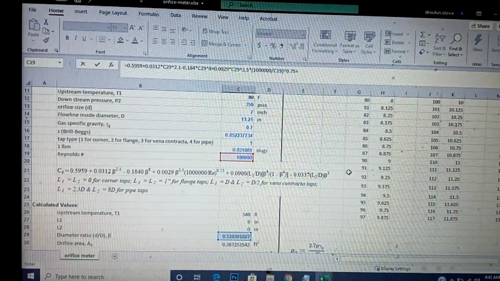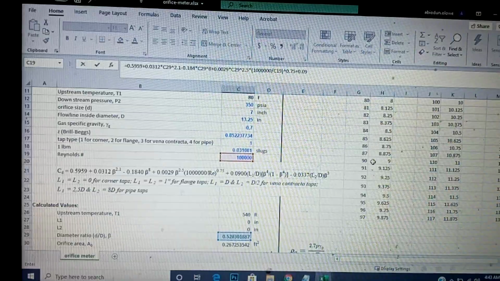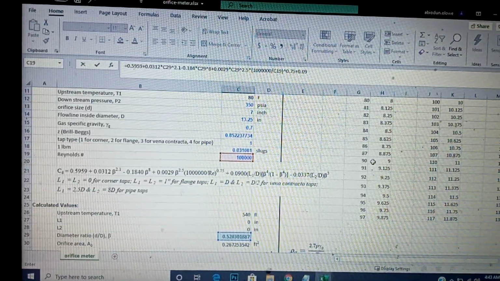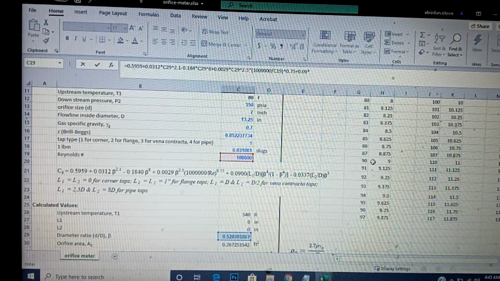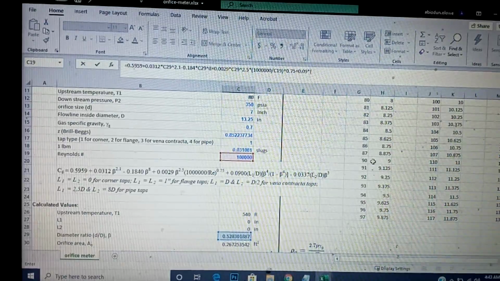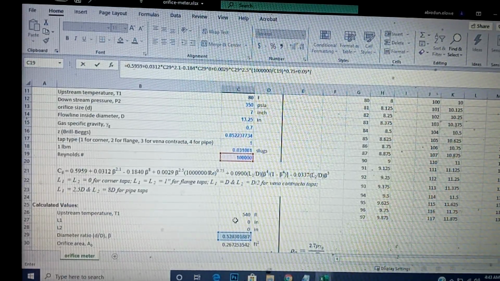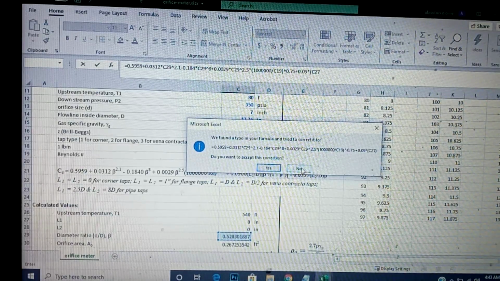Now plus 0.09 multiply by star. I open the bracket. L1. I'm going to click on L1. That's L1.